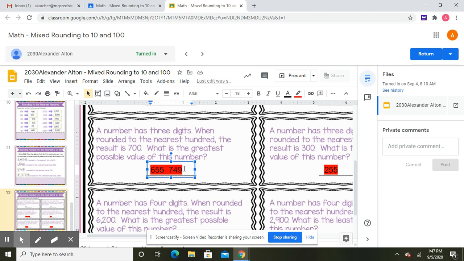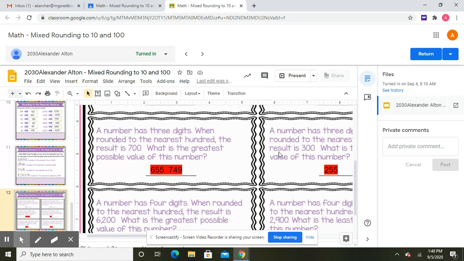So that is the largest number. We know that because if we're rounding to the nearest hundreds, we look next door, and since it's a 4, it will round down. Now, I know it has to be 49 because 750 would round up to 800 because this would be a 5. So 749 is the greatest number that would round to 700.